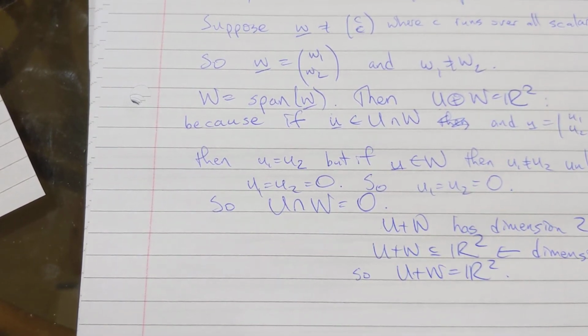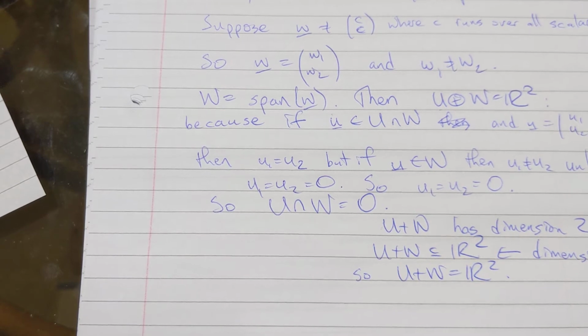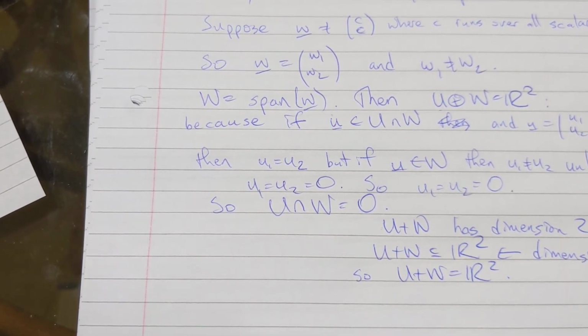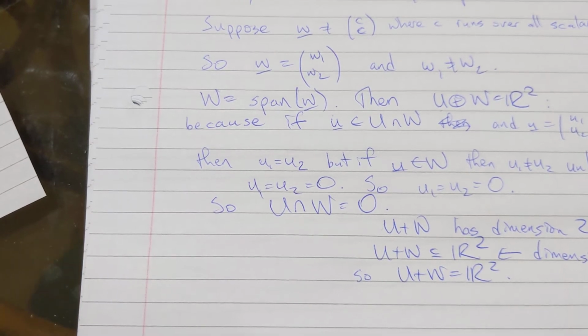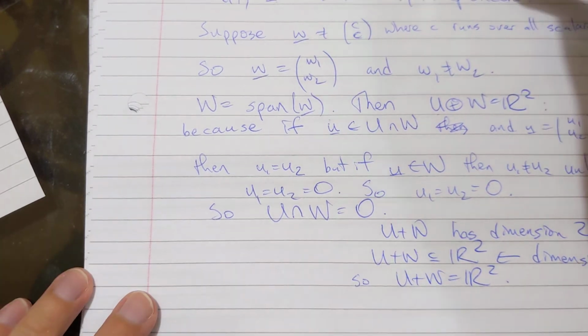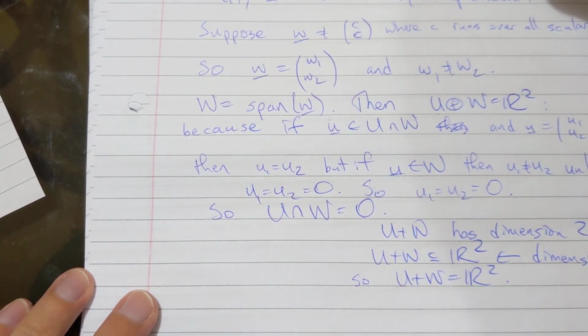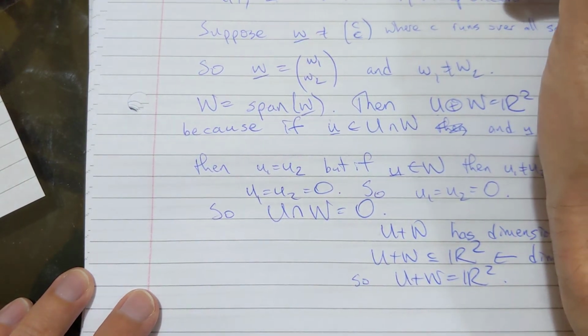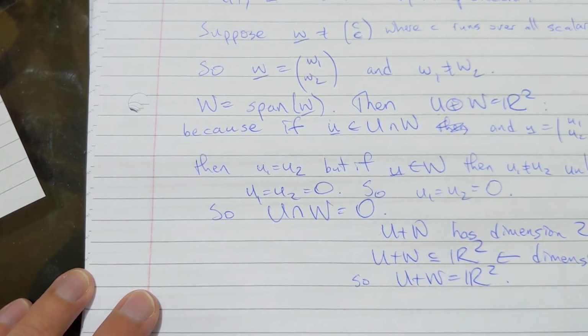Okay. So we found a bunch of subspaces W where R2 is the direct sum of W and U.